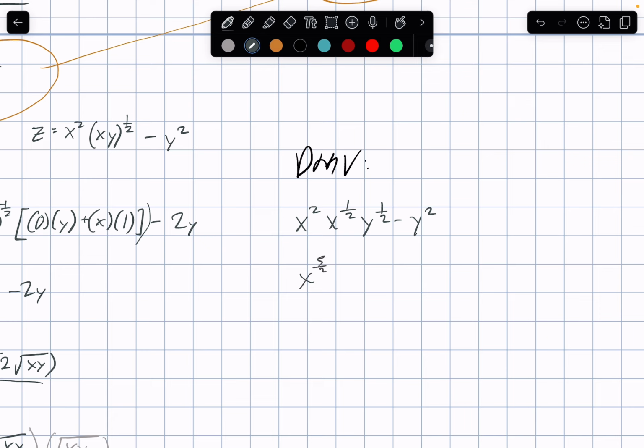So 5 over 2 y raised to, okay. At the same time, you derive any variable that's y. So y raised to 1/2 becomes 1/2 y raised to negative 1/2 times 1 minus 2y.